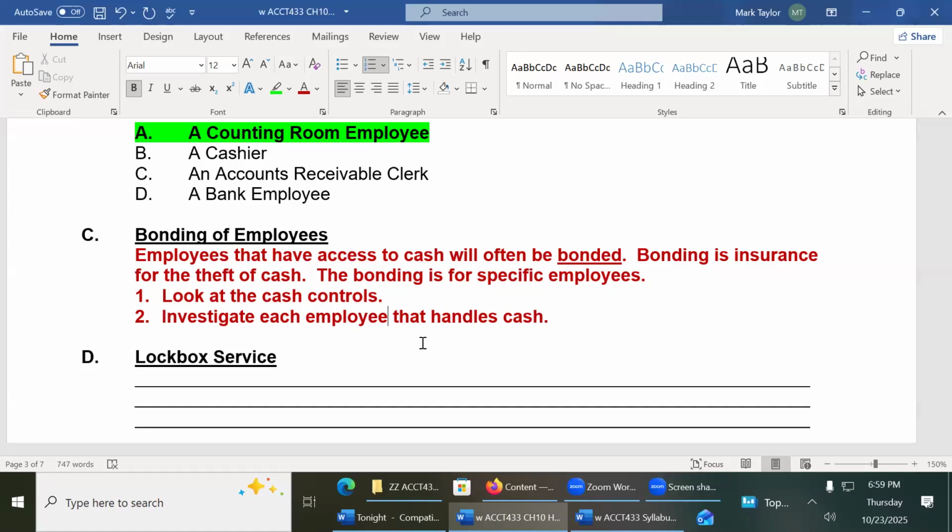But they'll also do background checks on employees, and those background checks are there to keep people who have past fraud from handling cash. One thing I can tell you about people who commit fraud is that the repeat offender rate is the highest, I think, for every criminal category except for sex offenders.